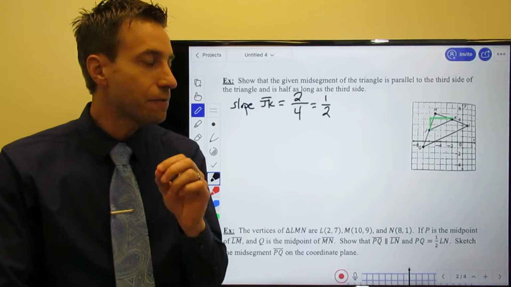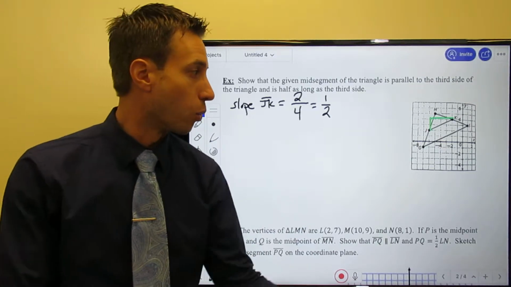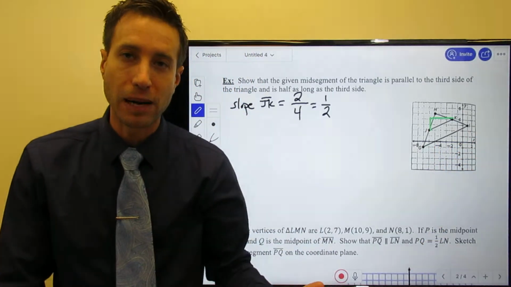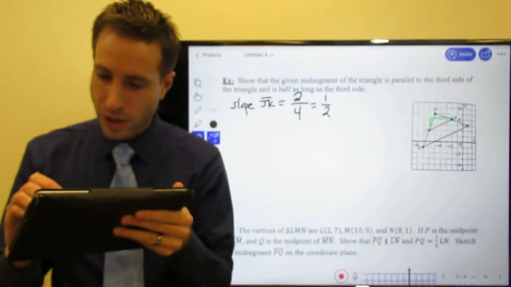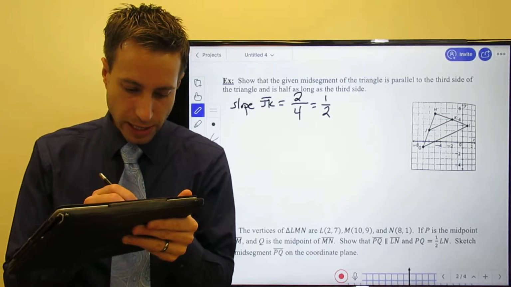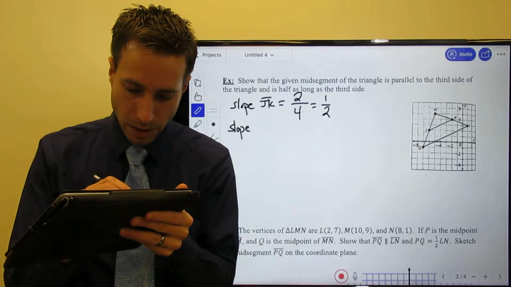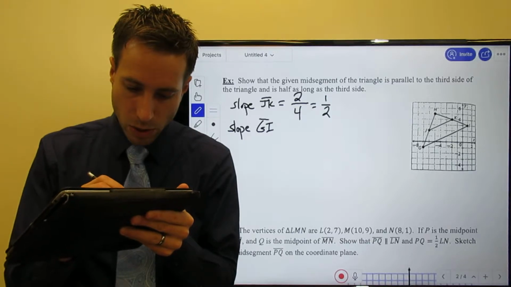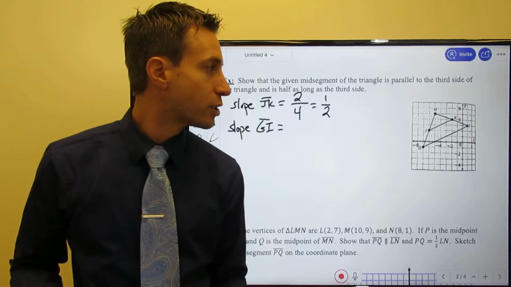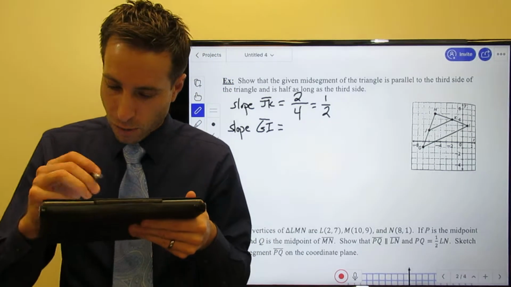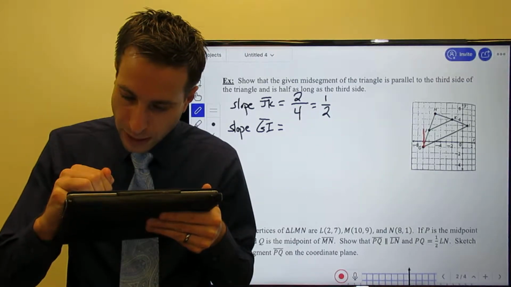Now, if JK is a mid-segment, it will have a slope that is equal to that of GI, right? Because parallel lines have the same slope. So let's find out. Let's go ahead and do GI. We want the slope of GI. What we're hoping is that they're going to come out to be the same. Again, slope is rise over run. So let's do the rise first. It's on a coordinate plane, so I should be able to count 1, 2, 3, 4.